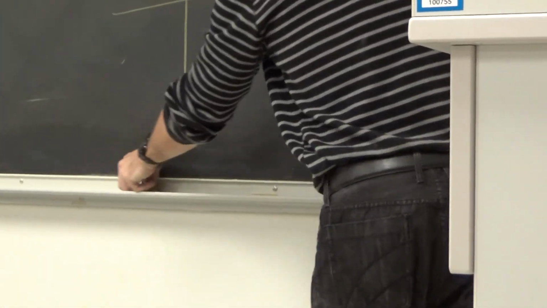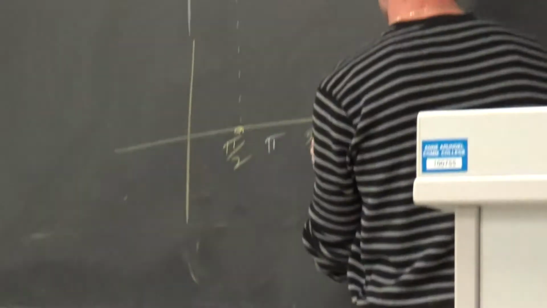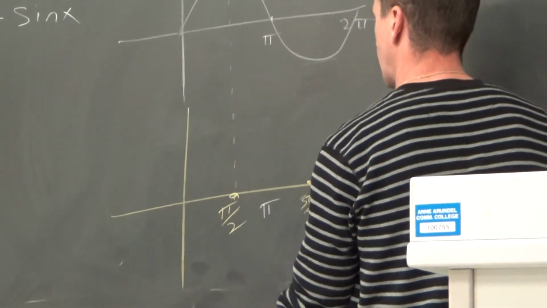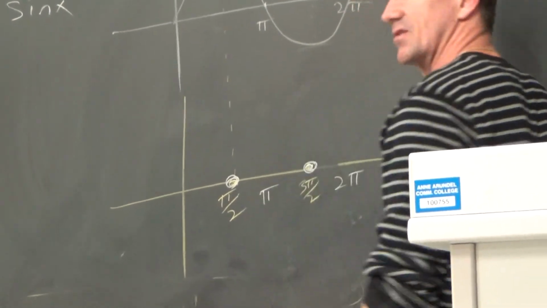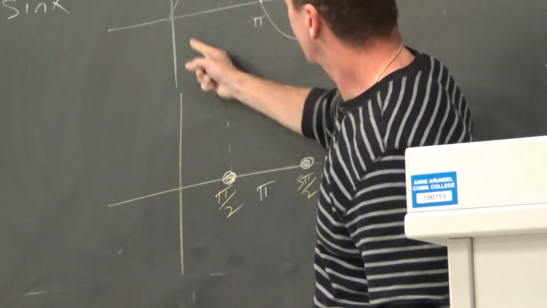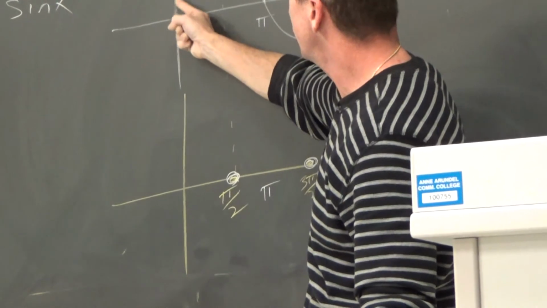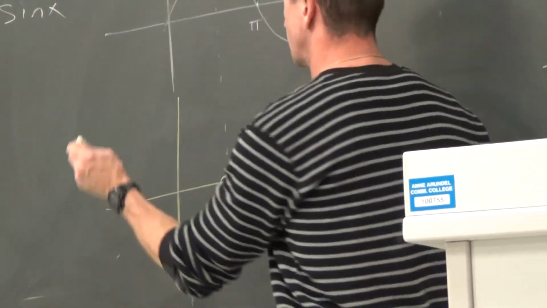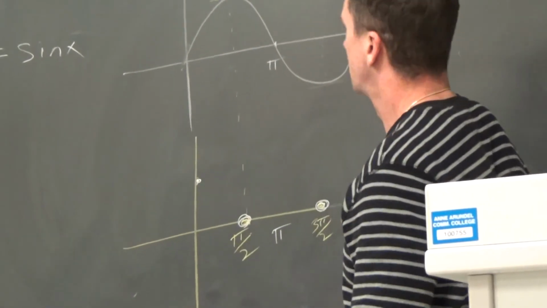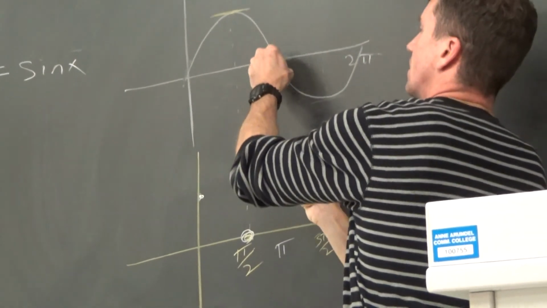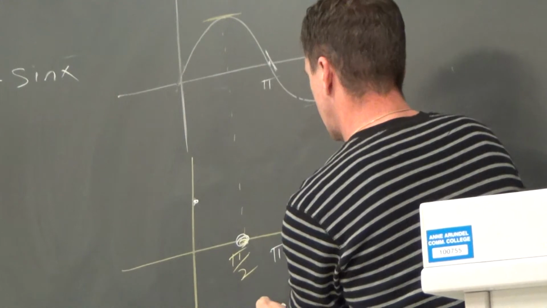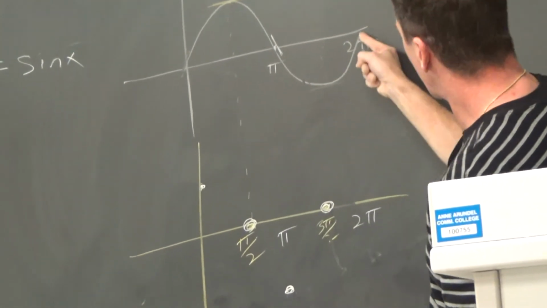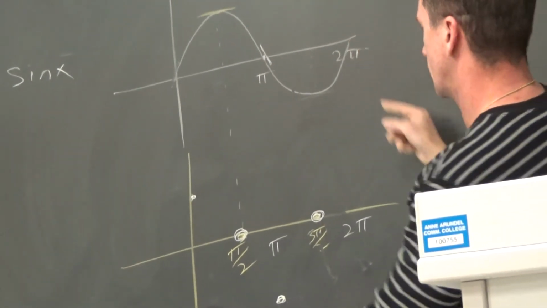Now, pi there, 2 pi there. I know this derivative goes to there. Now help me out. That slope right there, positive or negative? How about the slope right there? Negative. So right here, watch this. And then one more, what's the slope right there?